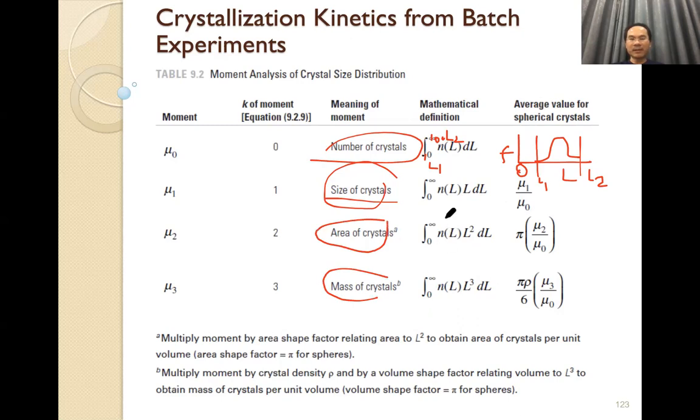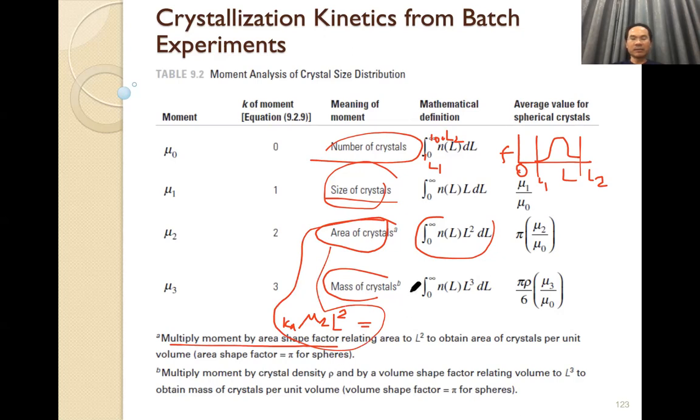If you multiply mu2 with the shape factor, that's like Ka, shape factor, and mu2 L squared, this is the area of crystal.